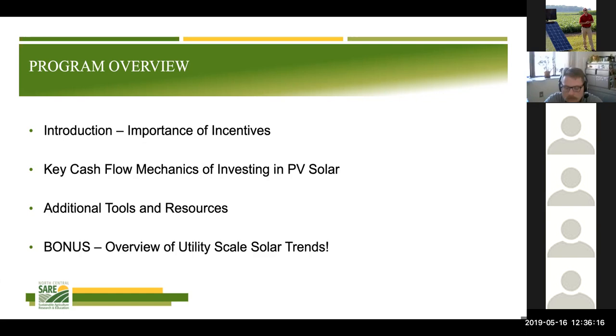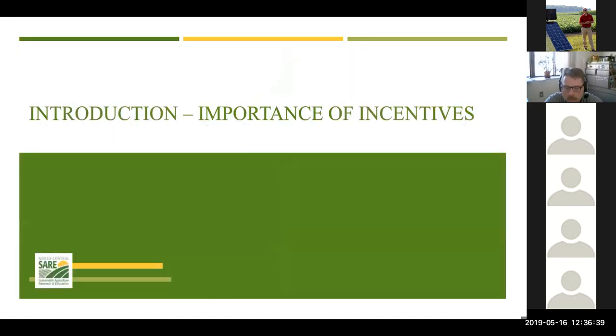Then I'll share a couple of additional tools and resources that you can use in your office as you're consulting or working with or teaching farmers or small businesses on this topic. And then, as mentioned, we'll wrap up with a little bit of an overview on utility scale solar trends. So, an introduction to the importance of incentives.